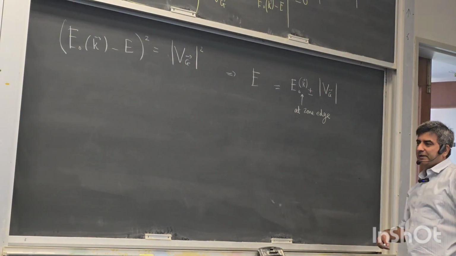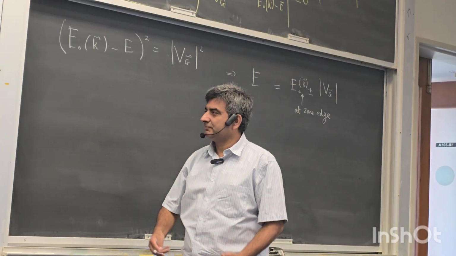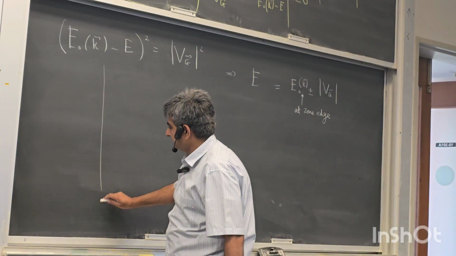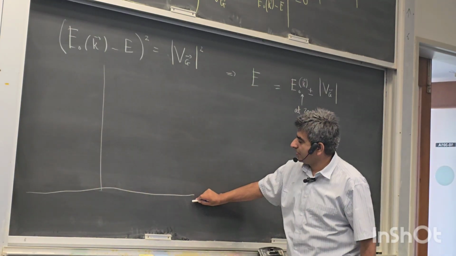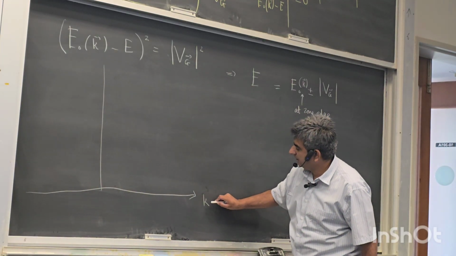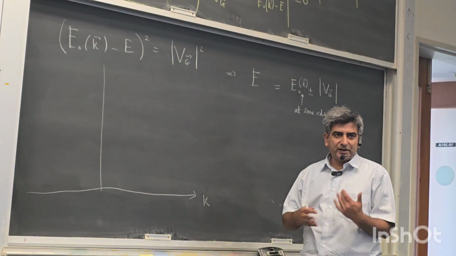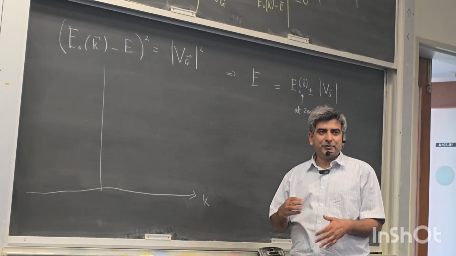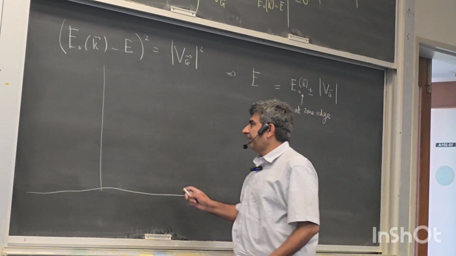So let's see how this plays out. Let's draw a diagram of how these energies change. Suppose I'm just plotting this in 1D, and you can imagine what would happen in 3D. So this is K and Ek.